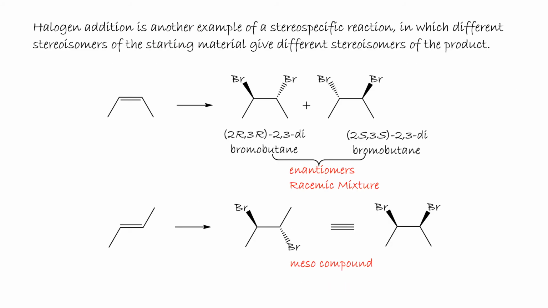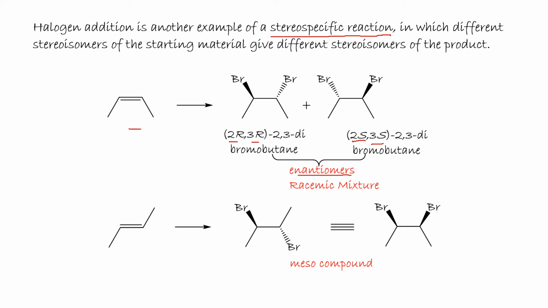Halogen addition is another example of a stereospecific reaction. We start with the Z isomer, we get enantiomers, 2R,3R and 2S,3S-2,3-dibromobutane.